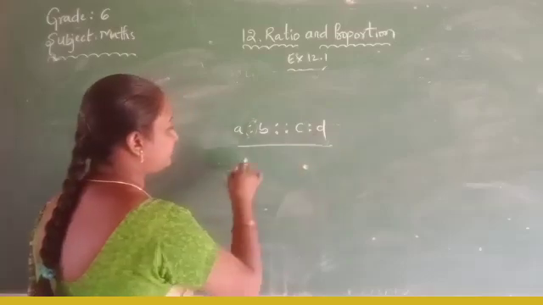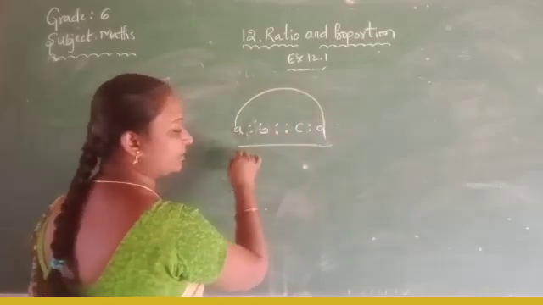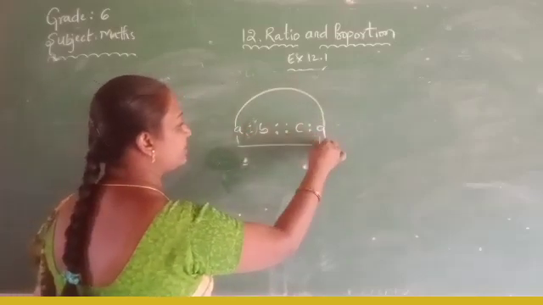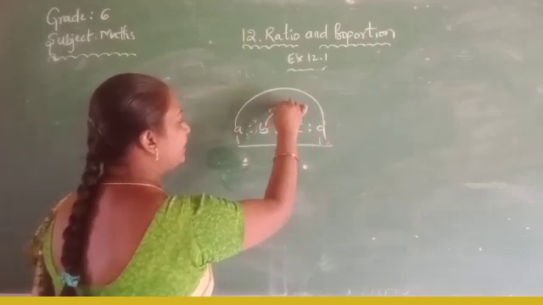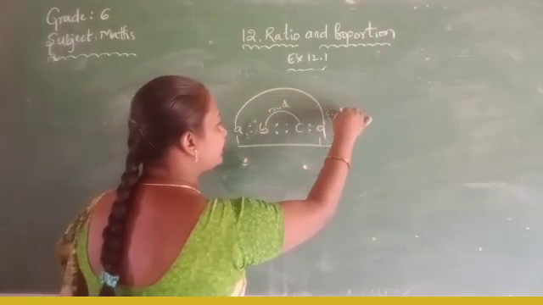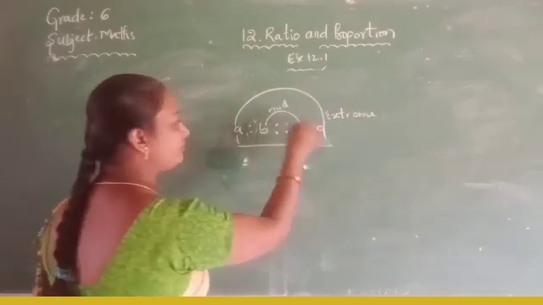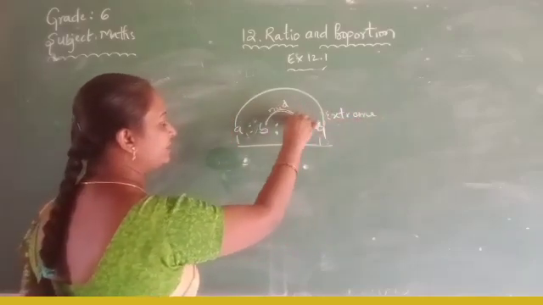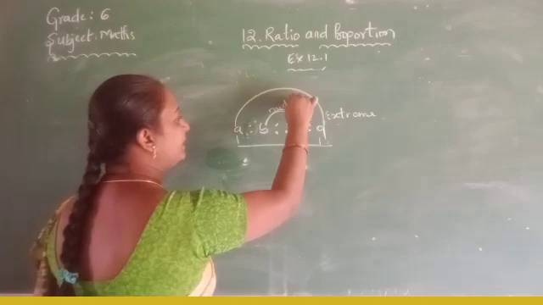These A and D terms are called the first term and last term. These are the extreme terms. So the first and fourth terms are extreme terms, and the second and third terms are called the middle terms.